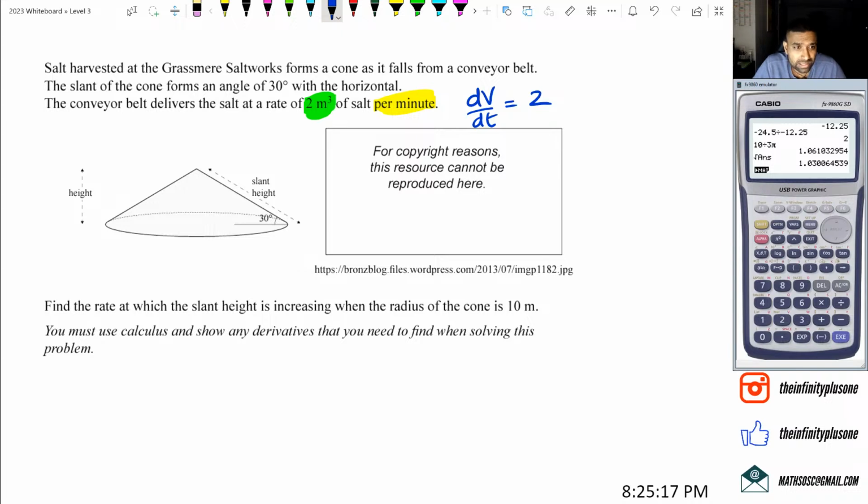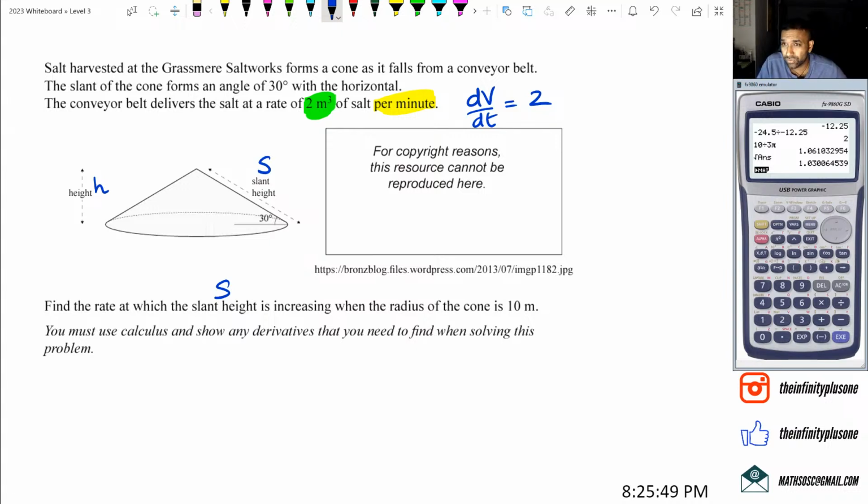Now there's a couple of things that are happening here. You've got the height, and then you've got the slant height. One of the things that you could do is put the slant height as S and the little h as just height there. Now the question is asking, find the rate at which the slant height S is increasing when the radius of the cone is 10.